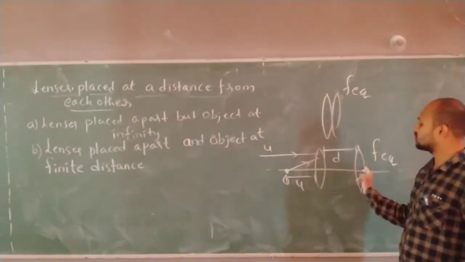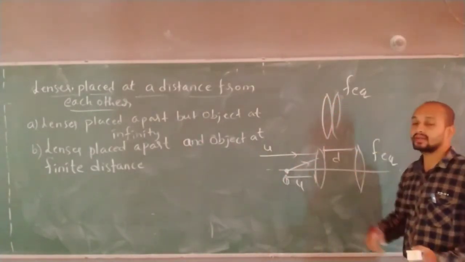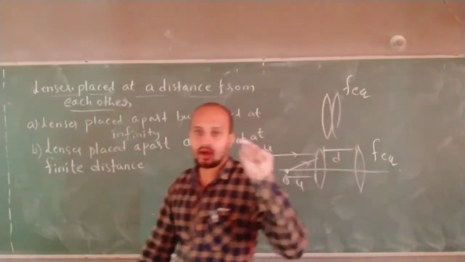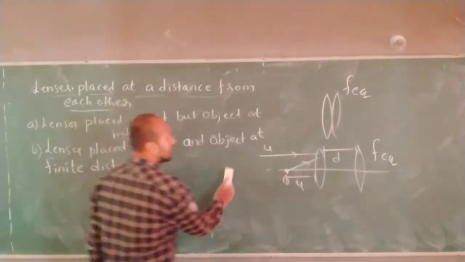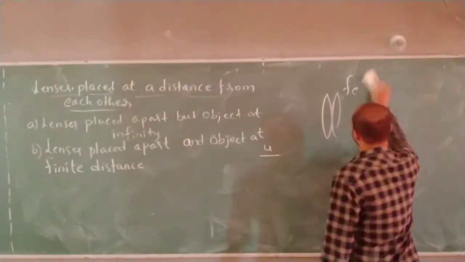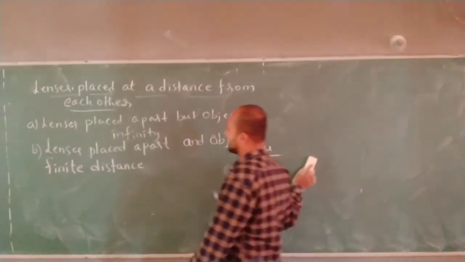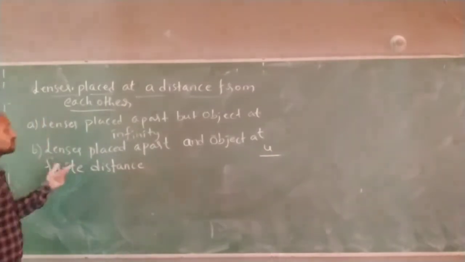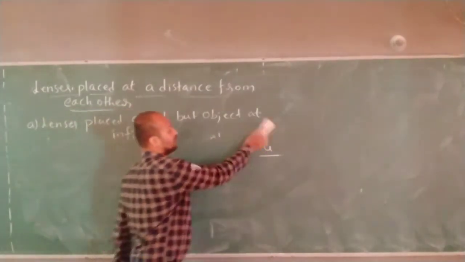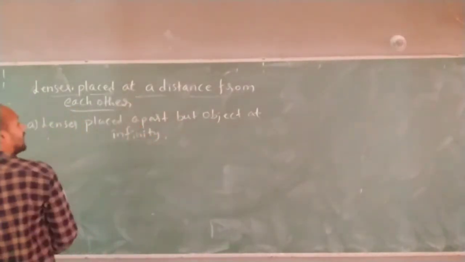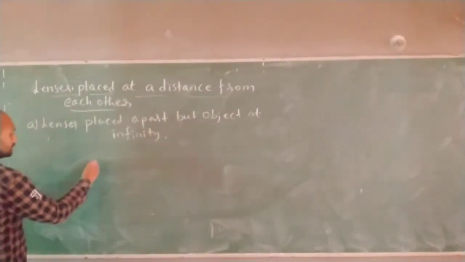When I place the two lenses with distance d, what will be the equivalent focal length when the light is coming from infinity? That is what I am going to find right now. Let us find. First we will talk about lenses placed apart but object at infinity.